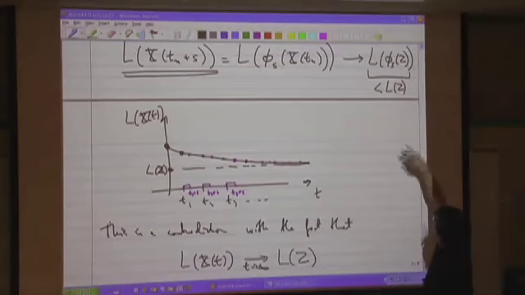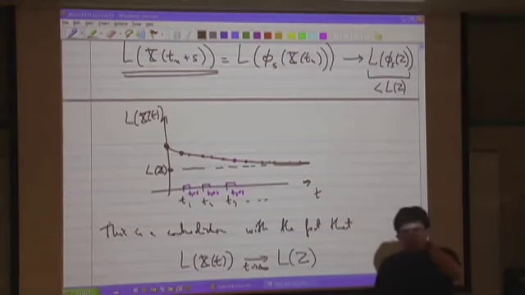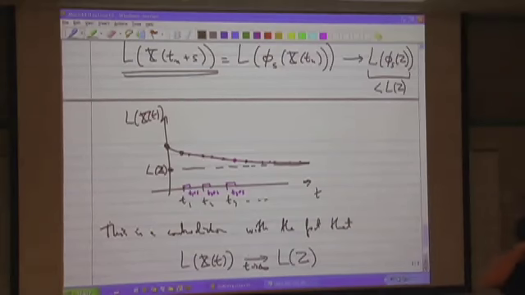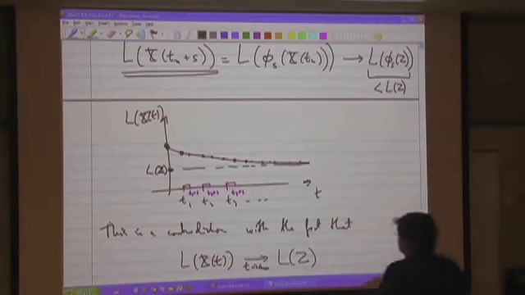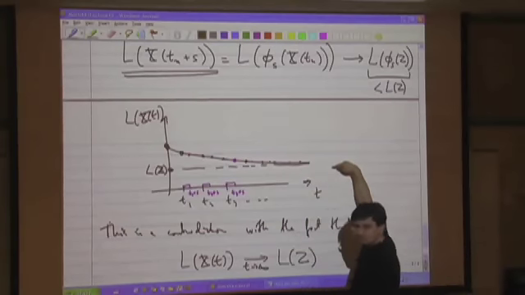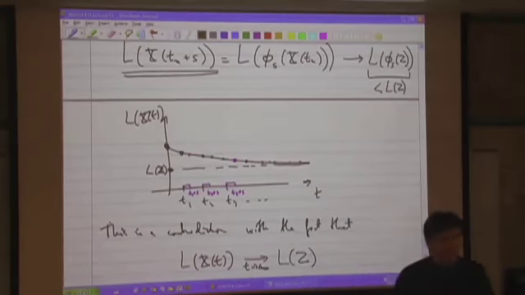You cannot have a limit on one sequence and a lower limit on a different sequence, because the function is continuously decreasing. It doesn't bounce.